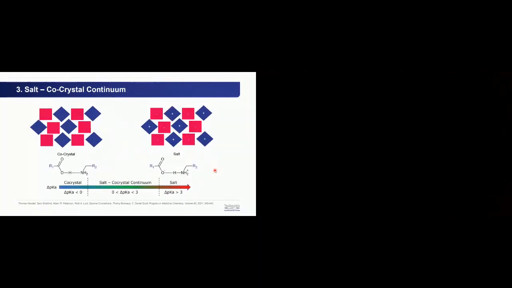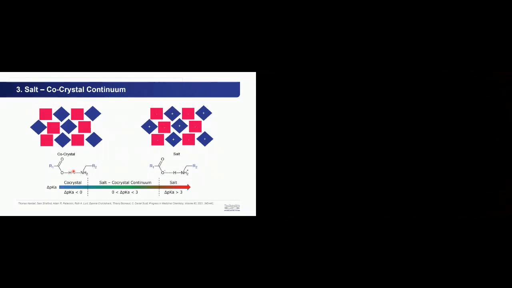So what's the difference between salts and co-crystals? Because you can use the same molecule as counterion or co-former and get different results. So there's a reason you have maleate salts and maleic acid co-crystals. So to simplify it down, they exist on a salt co-crystal continuum. And what defines whether you have a salt or co-crystal essentially comes down to whether you have proton transfer involved in the intermolecular bonding.